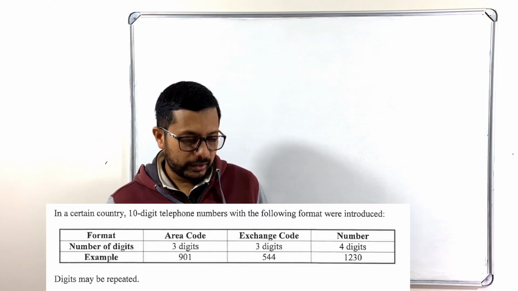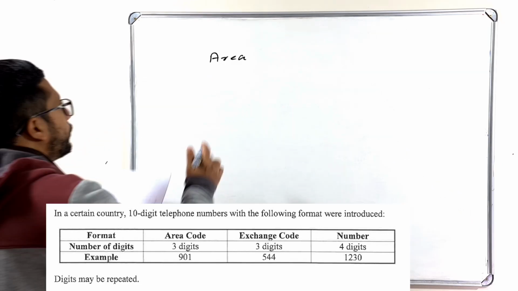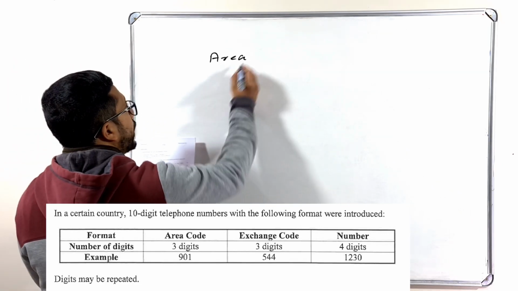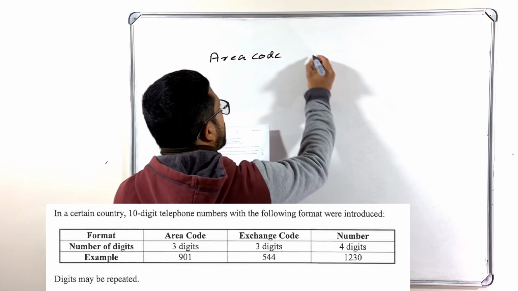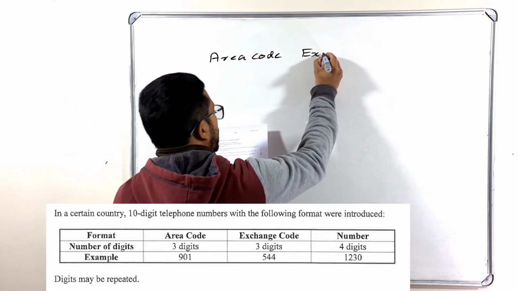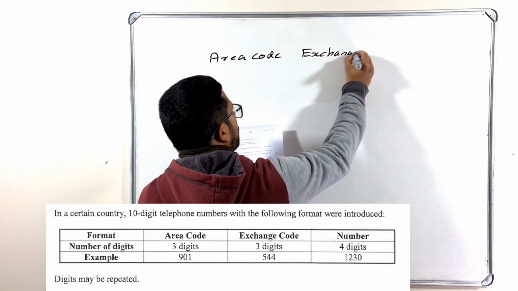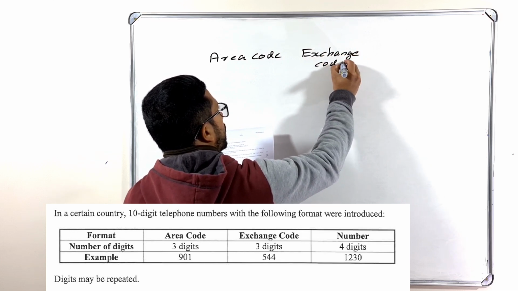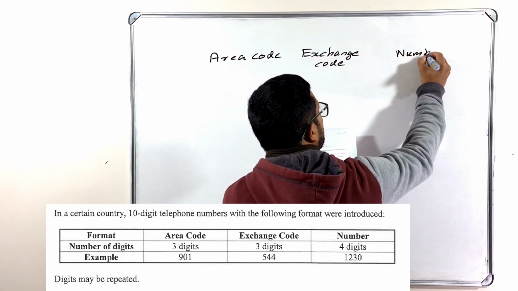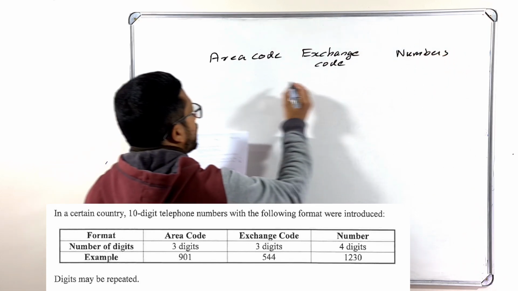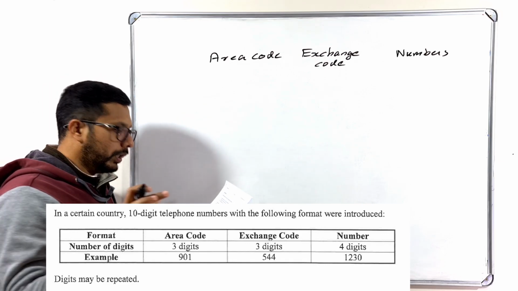In a certain country, 10-digit telephone numbers with the following format were introduced. The first three numbers are the area code, then the next three are the exchange code, and the next are numbers. So how many digits are in the telephone number? 10 digits.